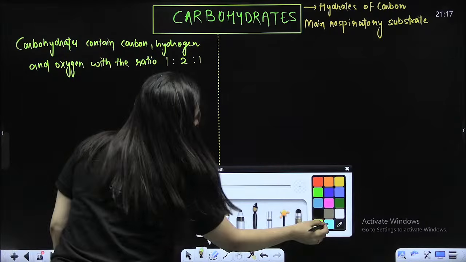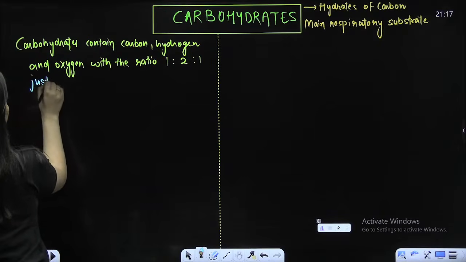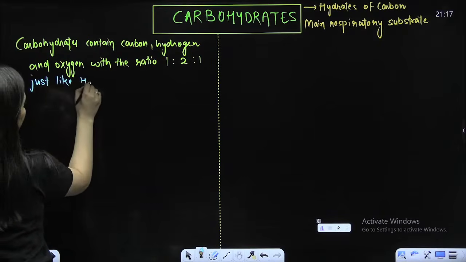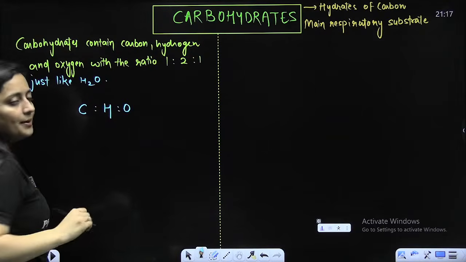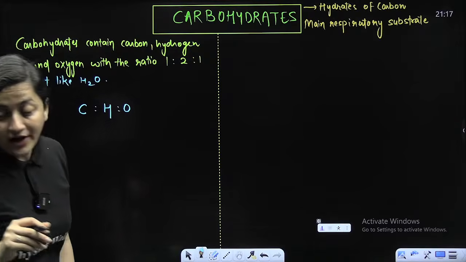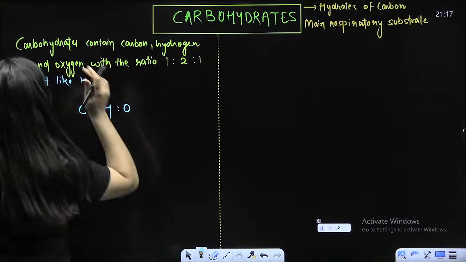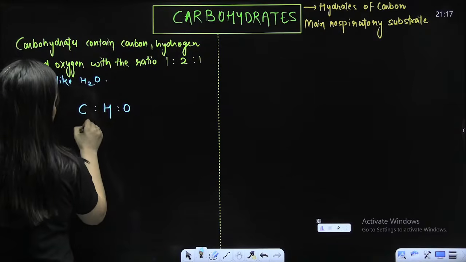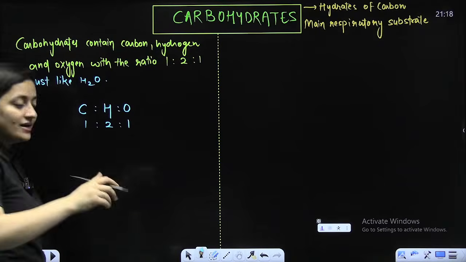Just like water, H2O, let me show you. You have carbon, hydrogen, oxygen in the carbohydrates. Everyone please pay attention. Hello, wake up. You are not allowed to sleep. So it is 1:2:1. That's what we have.